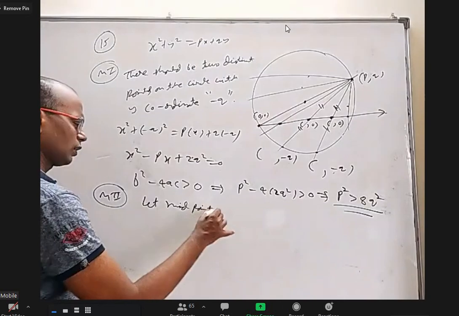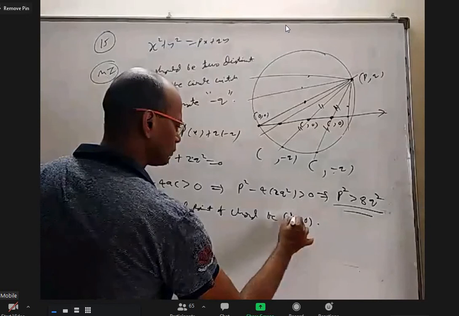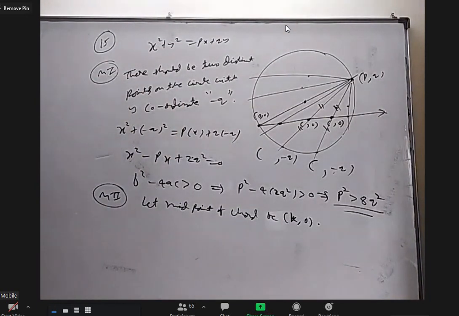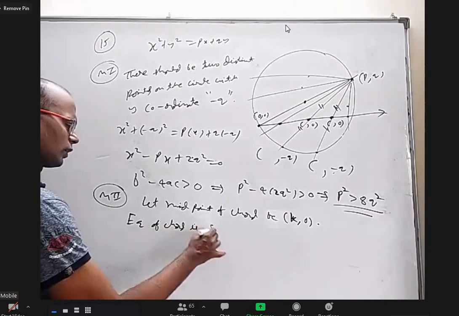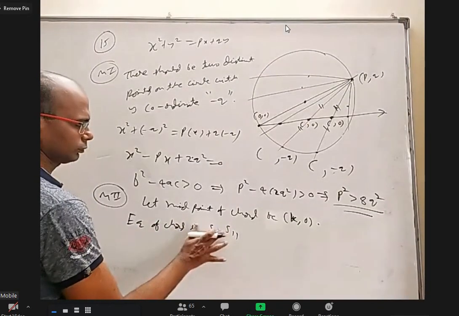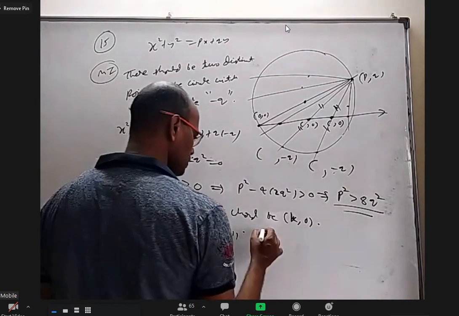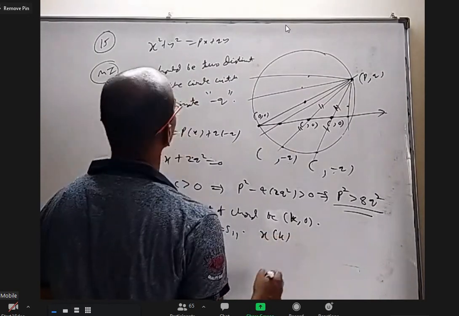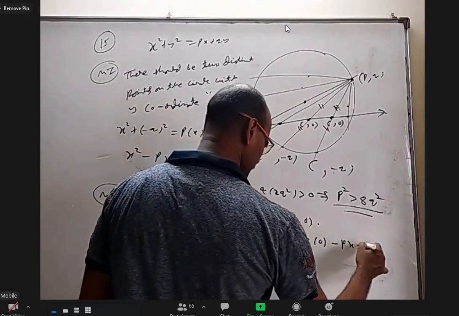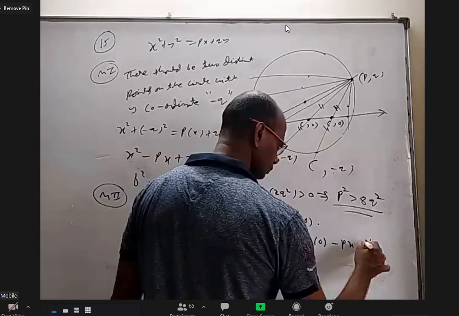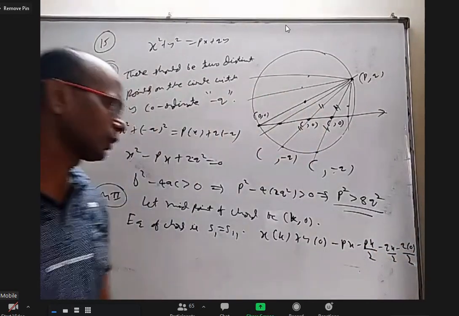Let the midpoint of the chord be (k, 0) because it is on the x-axis. Then the equation of the chord is S1 equal to S11. S1 equal to S11 means x into k plus y into 0 minus px minus pk by 2 minus qx by 2 minus q into 0 by 2, plus 1.